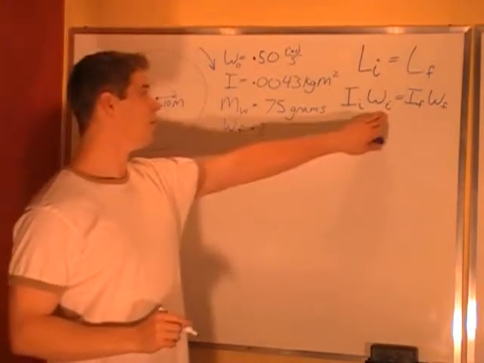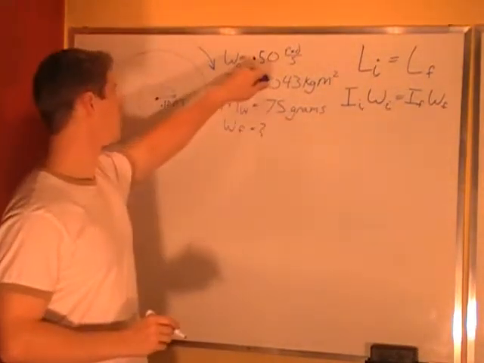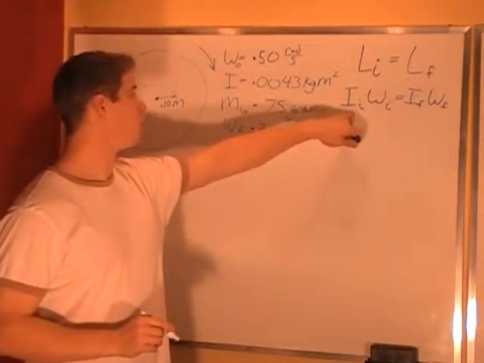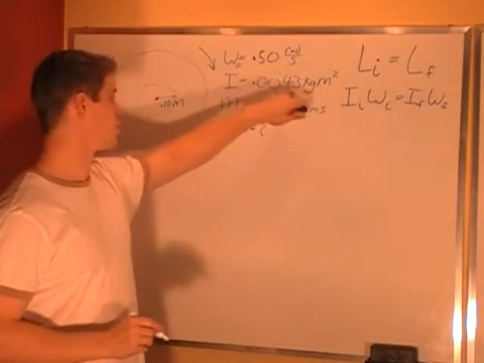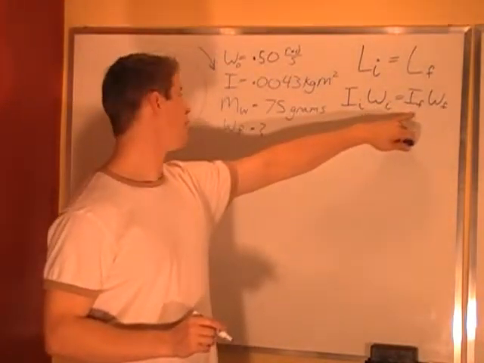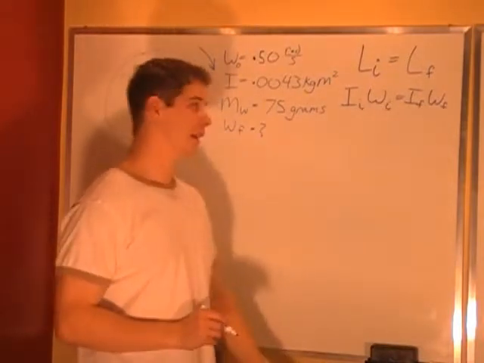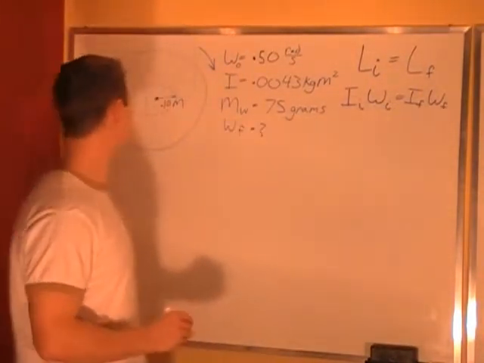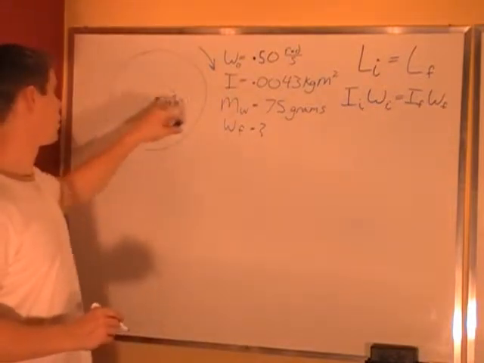Now, we know our initial angular velocity is 0.5 radians per second, and we know our initial moment of inertia is 0.0043. So we have to figure out the final moment of inertia, and then we can figure out our final angular velocity. To figure this out, we look at the water that's dripped on here.